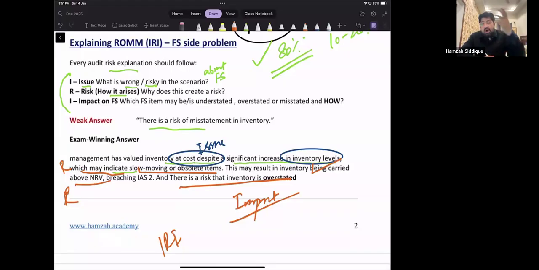Still, it is incomplete because you did not build the argument from the scenario, where you analyze that it increased from, for example, 3 million last year to 5 million, or inventory days increased from 30 days to 40 days this year. This is the argument you need to write as well: building the argument, justifying how the misstatement may arise.